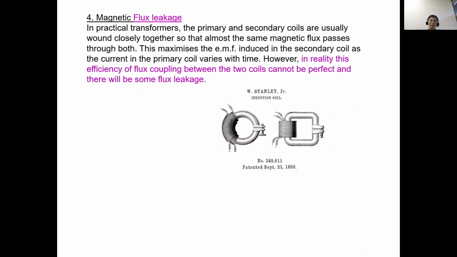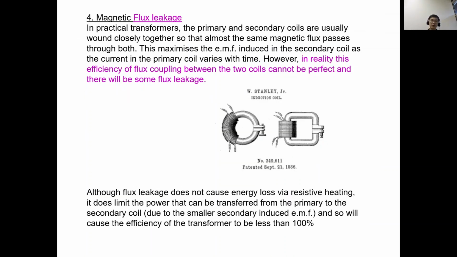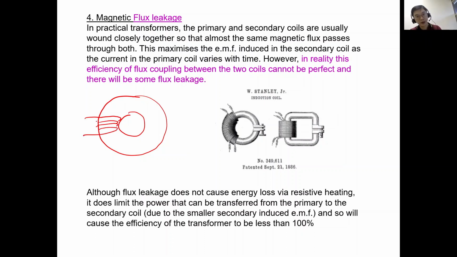Okay. Next is flux leakage, right? If you look at the transformer, and you have a coil over here, and a coil over here, you will create a flux like this, right?